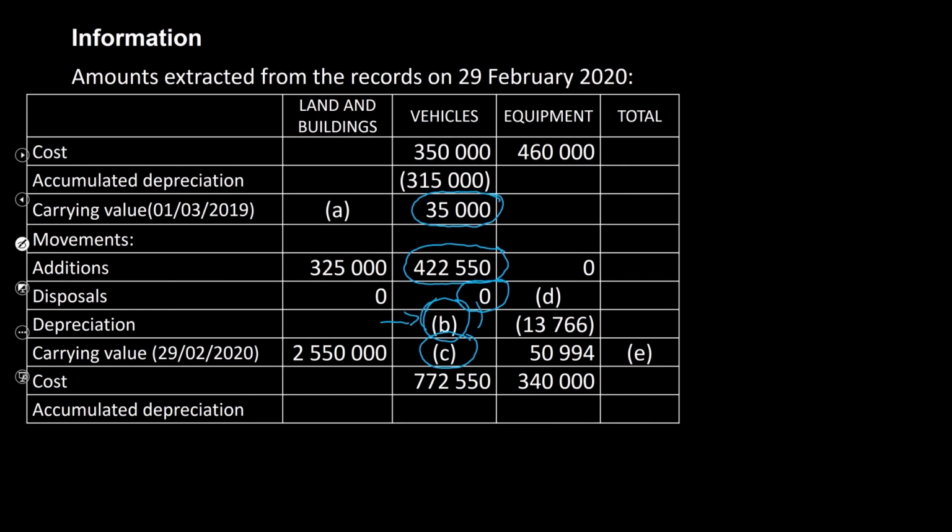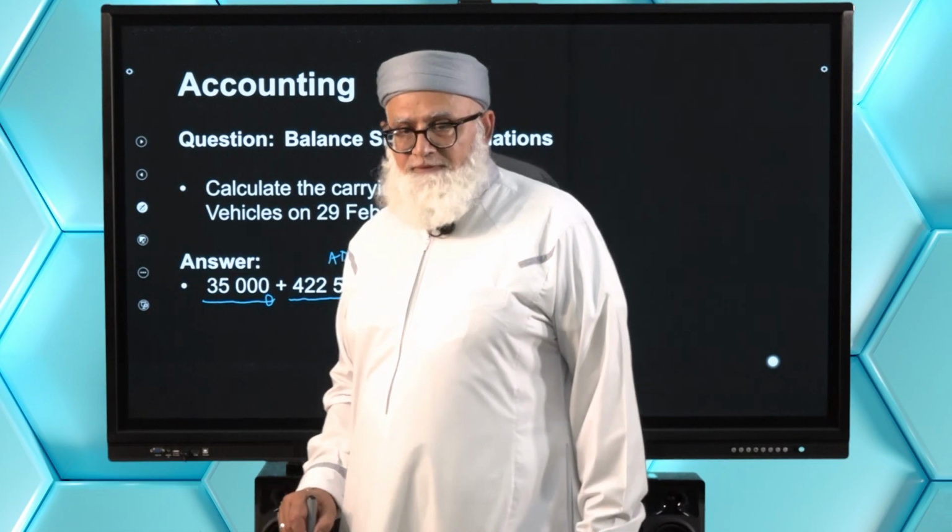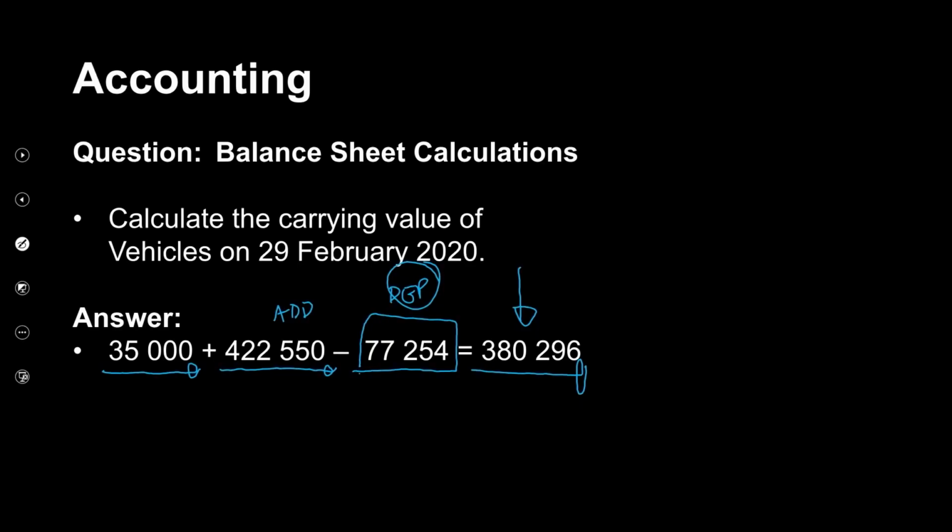So 35,000 plus 422,550 minus 77,254 will give me my final answer. That means the carrying value of my vehicles at the end of my financial year amounts to 380,296. Okay. Next question.